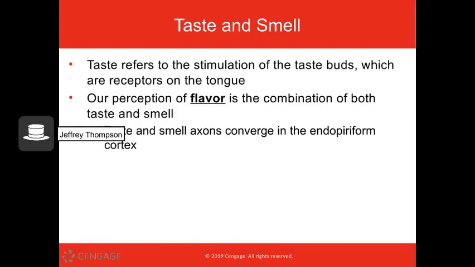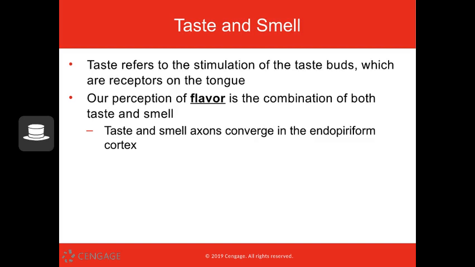Taste refers to the stimulation of the taste buds, which are the receptors on the tongue. Our perception of those tastes is flavor, which is a combination of both taste and smell. Taste and smell axons converge in your endopiriform cortex.